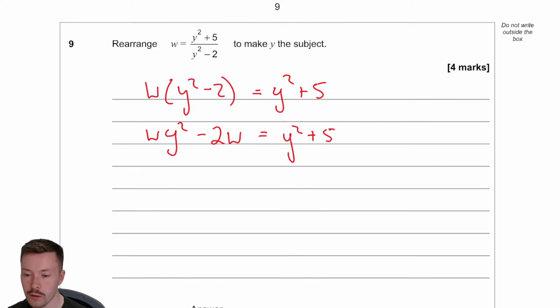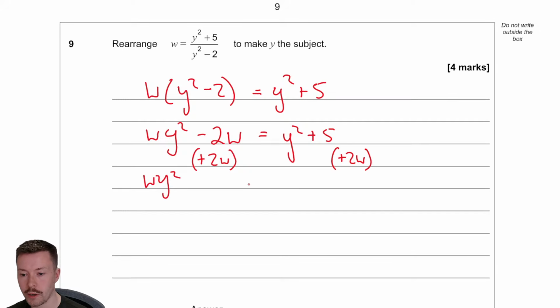Now, like with a simpler version of this problem where it's just y on the top and the bottom, we need to get everything with y in it on one side and everything without y on the other side. So I'm going to add 2w to both sides.